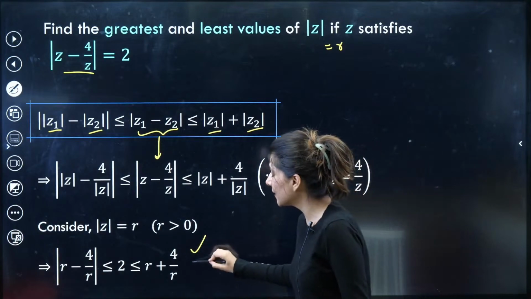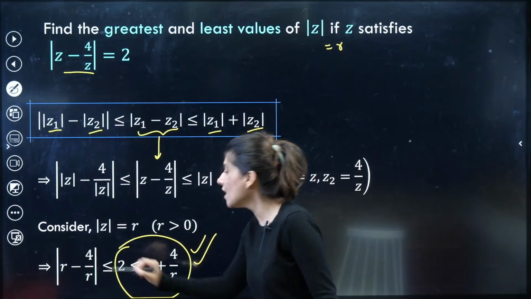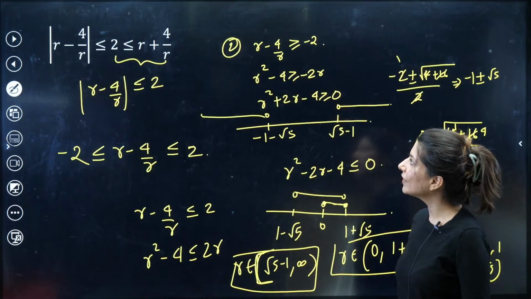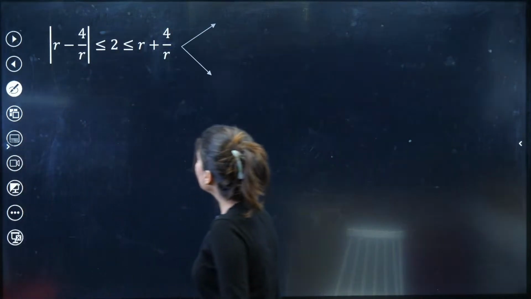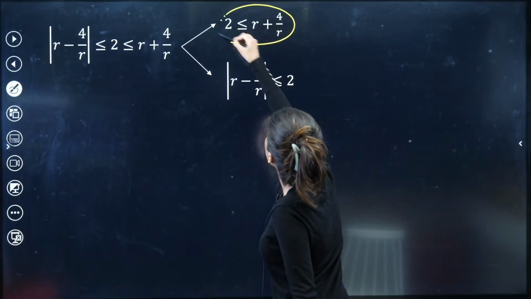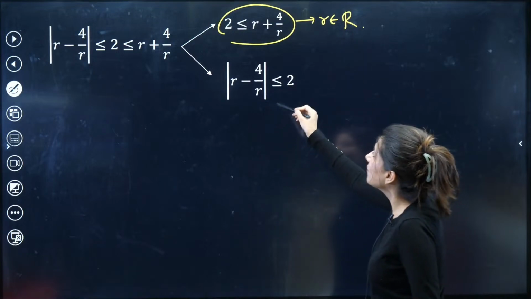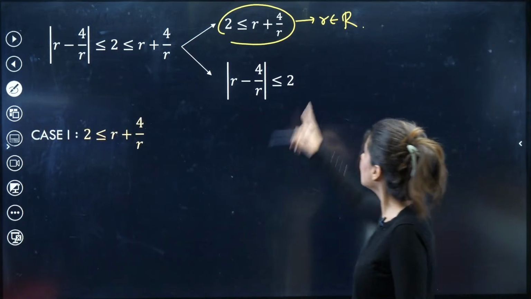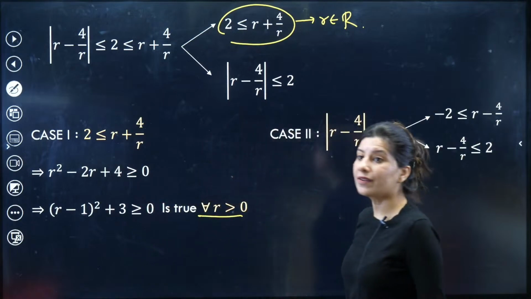So clearly, if I apply it, I get this. Now we have two sides of the inequality. This side gave me r belongs to all real values. The right hand side gave me r belongs to all real values as well. Can you see the two types of inequality? This gave me r belongs to all real values, and this gave me again two inequalities. Case 1 is this, which, if you solve it, is true for all real values of x.